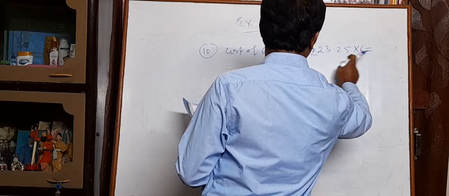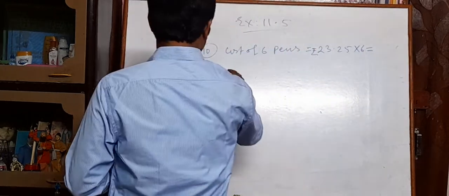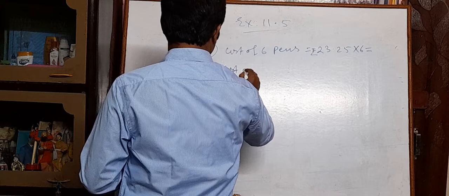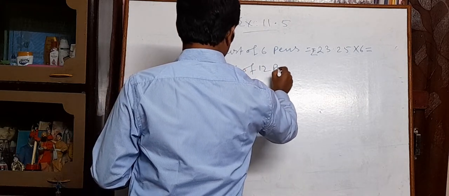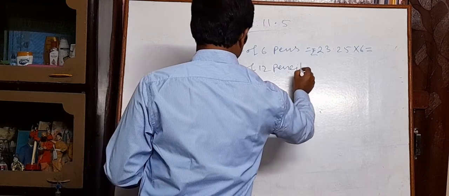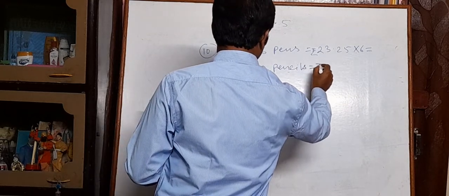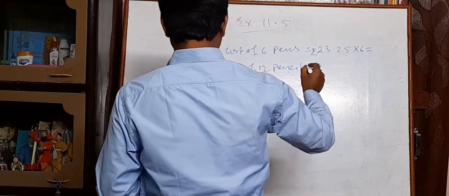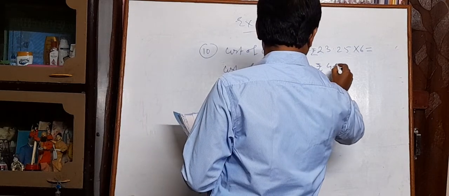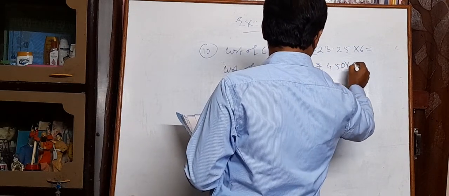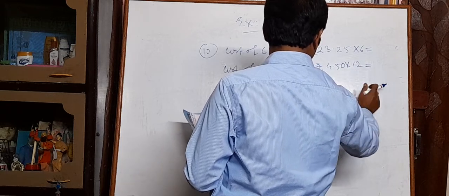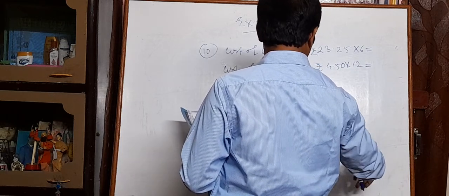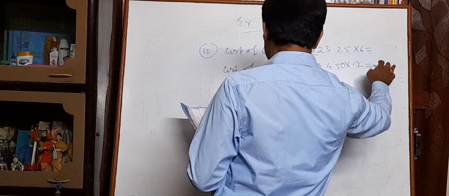Whatever the answer, you write here. And cost of 12 pencils is equal to rupees 4.50 into 12. Multiply together. You can do the multiplication here and write the answer here.